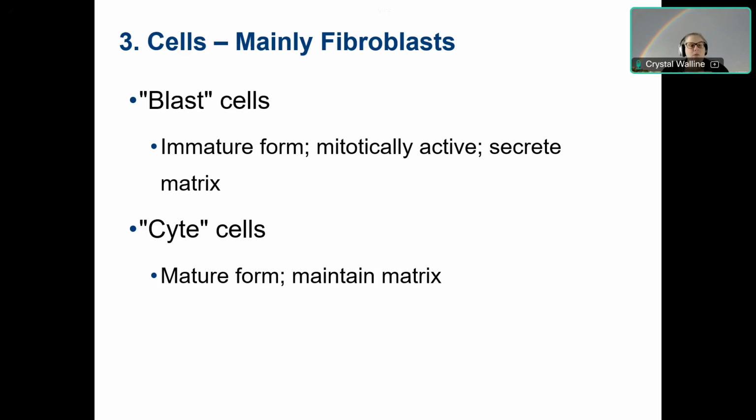And in cells, when we say cells are active, what we mean is that they're very active making these substances in the ground substance and these fibers, and then secreting them outside of themselves, outside of the fibroblasts. When you see the word ending site, I want you to think of a more mature cell, a cell that is there to maintain the extracellular matrix. And these are more like our parent or our grandparent cells.